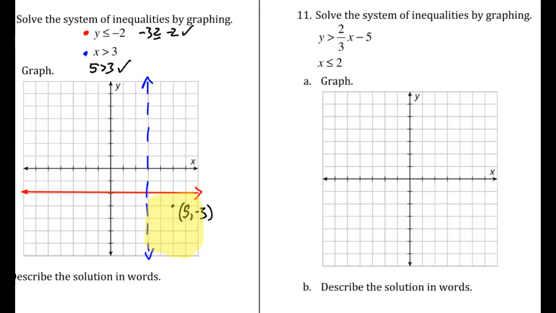Oh, wait a minute, we forgot to do part B, describe this in words. So, how would you describe all these solutions?